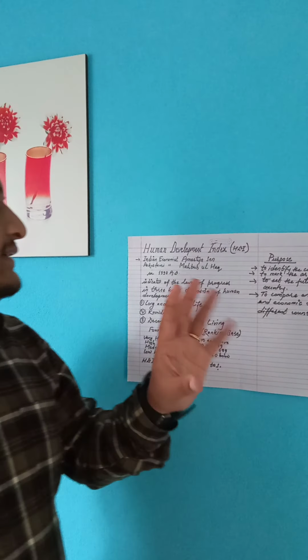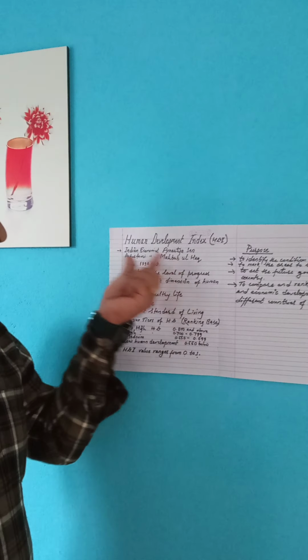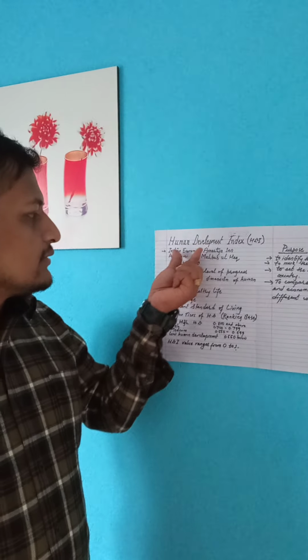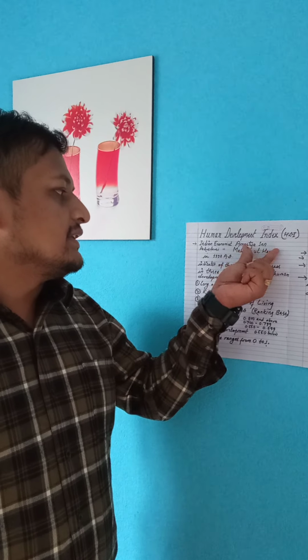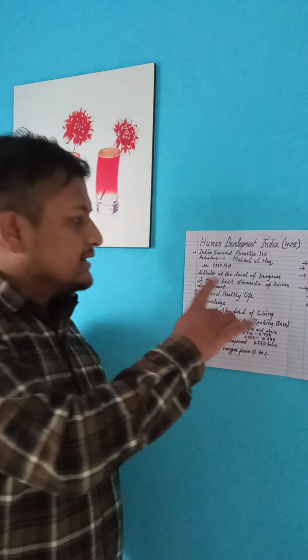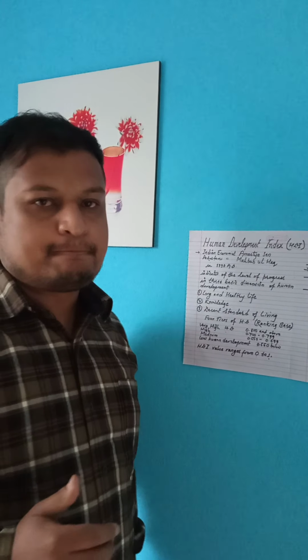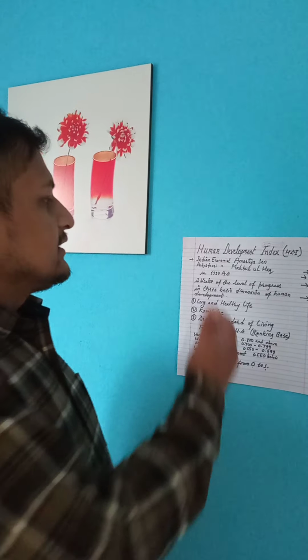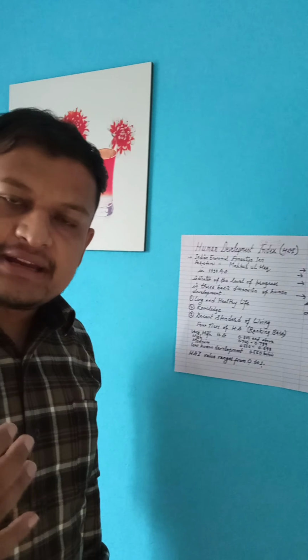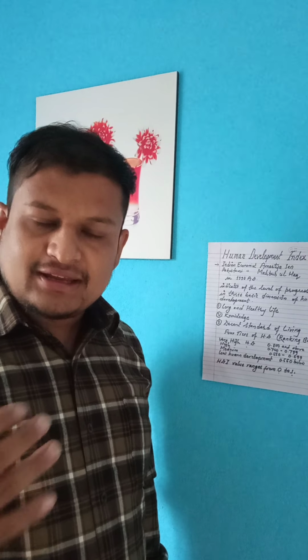This was developed by two economists, Amartya Sen from India and Mahbub ul Haq from Pakistan, in 1990, about 30 years back. Ever since they developed this, UNDP has been constantly publishing annual reports on the HDI scores of countries.